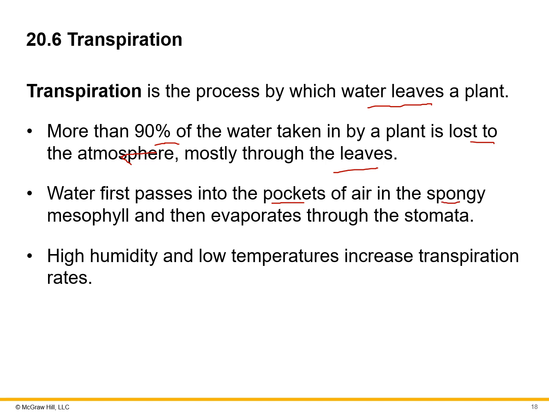Again, palisade is the packed layer, spongy has more air space for the gas exchange. And then it ultimately evaporates through the stoma. With high humidity and low temperatures, that increases the transpiration rate because those stomata stay open and it pulls the water out into the atmosphere.